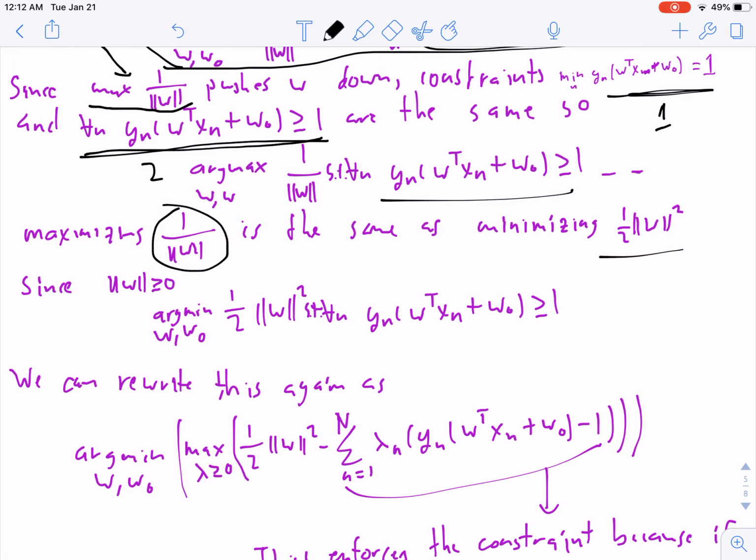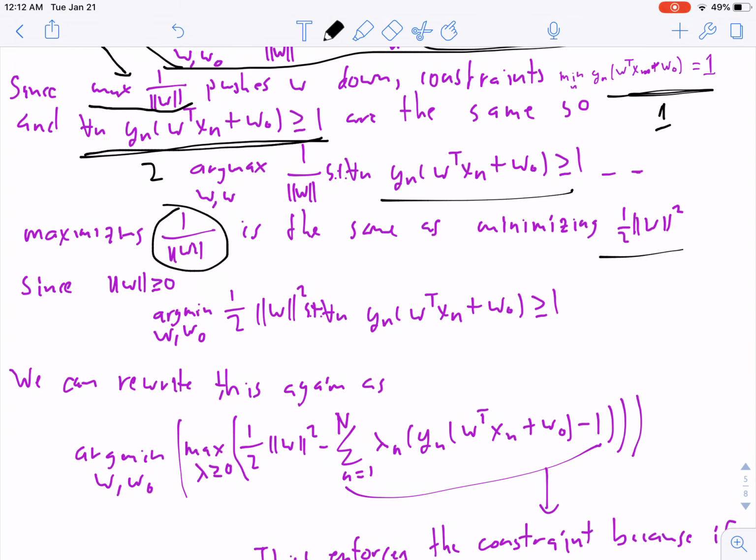Now, to prove the second fact, so subject to the constraint, because it's not going to pick something that's not subject to the constraint, what will the maximum over these lambdas be? Well, if yn times w transpose xn plus w naught is greater than or equal to 1, that implies that yn times w transpose xn plus w naught minus 1 is greater than or equal to 0.